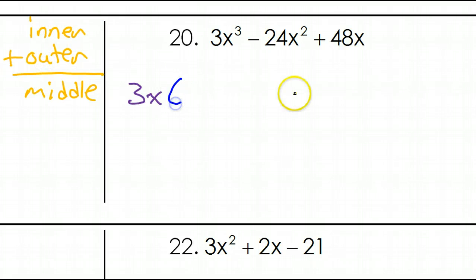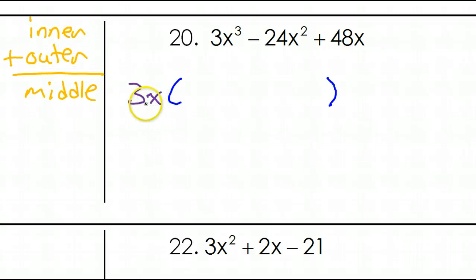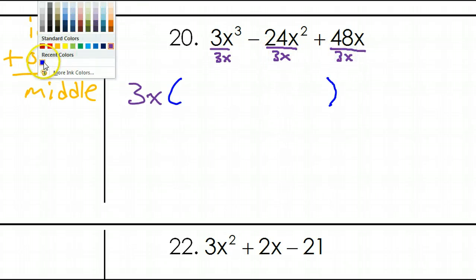Alright, so we have to start by pulling that out. Then we'll make one set of parentheses big enough for a trinomial. To figure out what goes inside of there, we're going to take our GCF and divide everything by that. So we're going to divide by 3x everywhere. Okay.